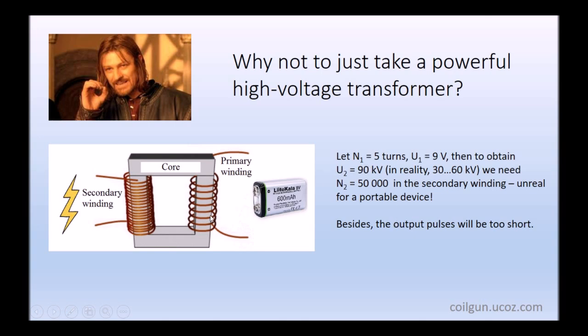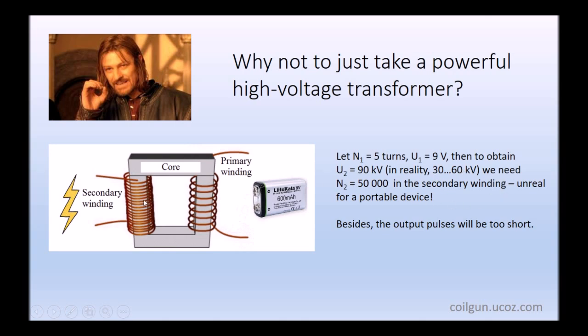If we have, for example, 5 turns in the primary winding to obtain little inductance in it, and our source is 9 volts, then to obtain 90 kilovolts, in reality it will be much smaller because of some parasitic effects, low conductance, mutual conductance between the windings.